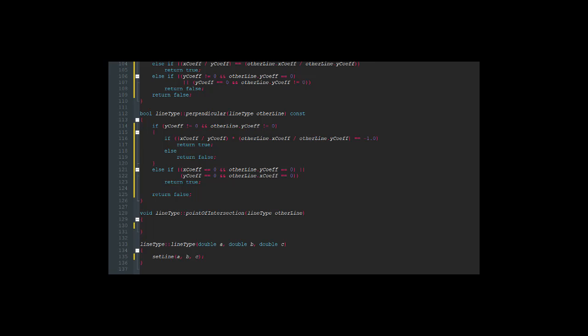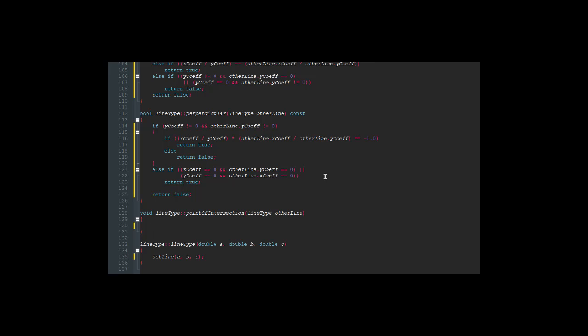Now we can get to doing our point of intersection, which is the last function. So the first thing we need to do is check if two lines are equal, okay? Because since we're going to try and determine the point of intersection, we need to check if two lines are equal.